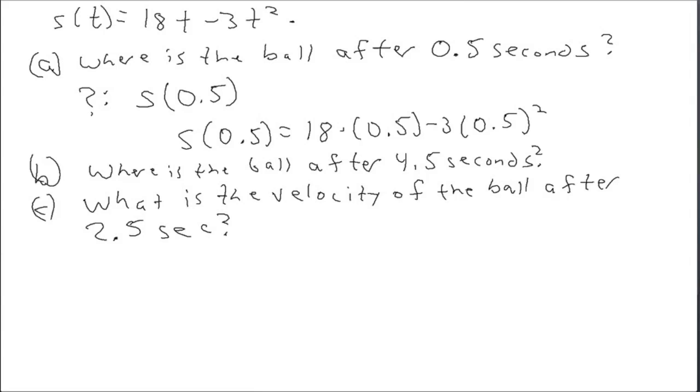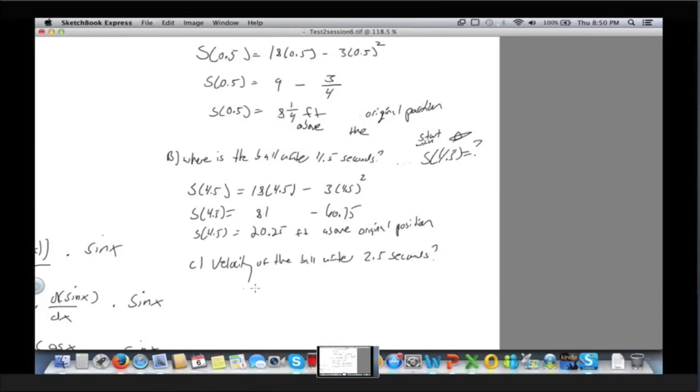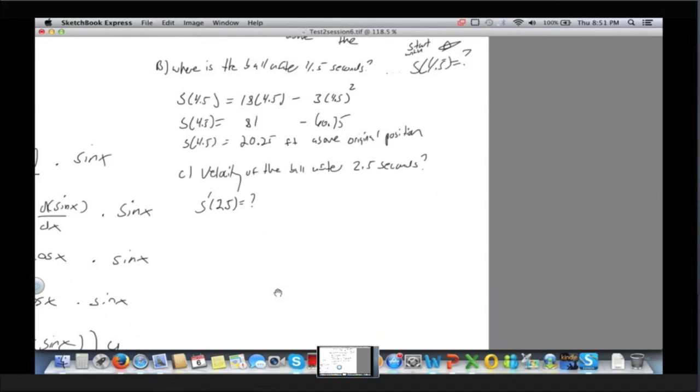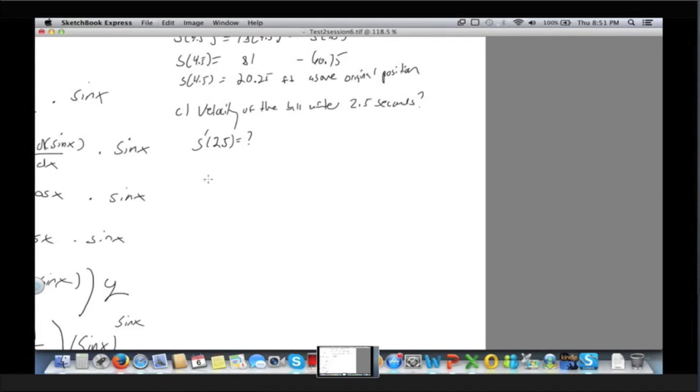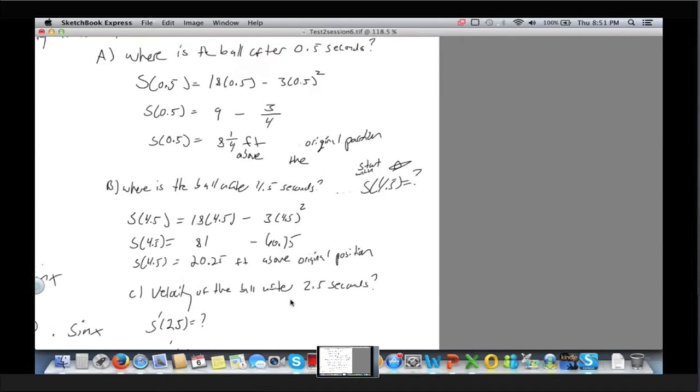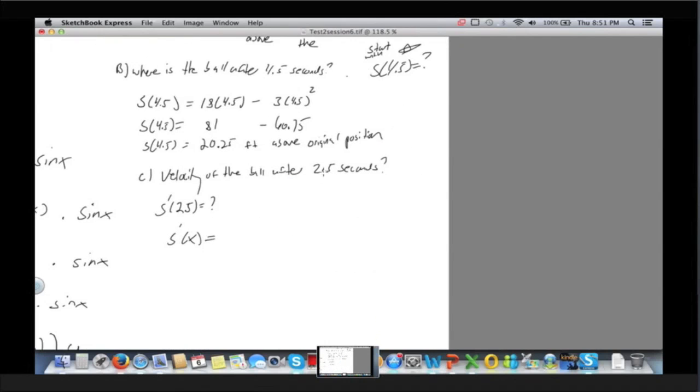Okay, so we're trying to find velocity. Velocity is the derivative of the position function. So s prime of t, well, first we need to find this. It's the function. I got it down here.